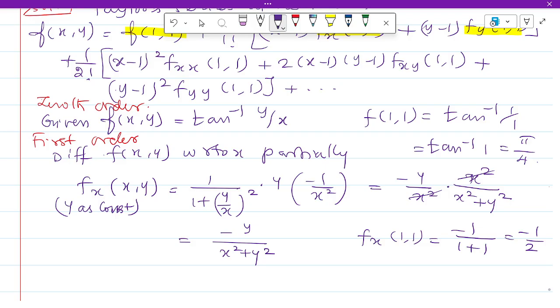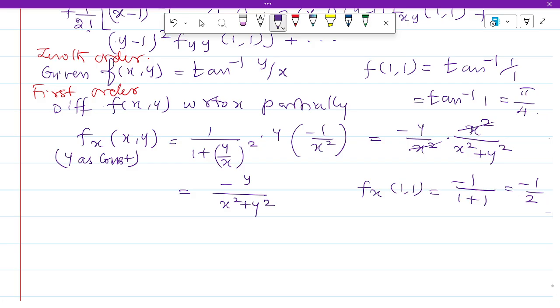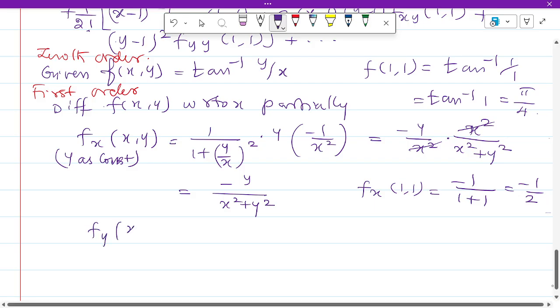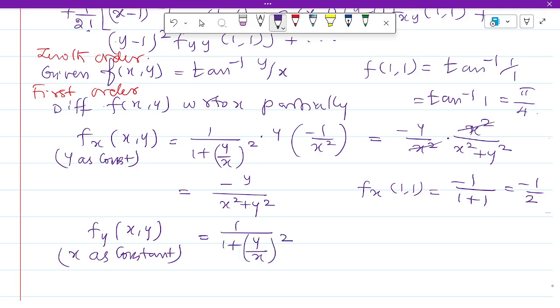Next we have to find fy of x comma y. When you differentiate f with respect to y, keep x as constant. So that is equal to 1 by 1 plus y by x whole square, and then differentiation of y by x, keeping x as a constant: differentiation of y is 1, keeping 1 by x constant.